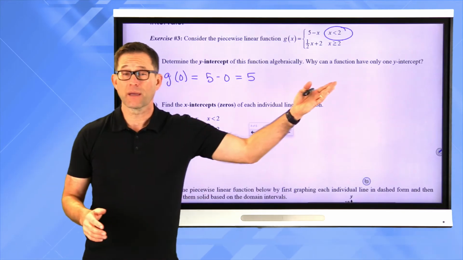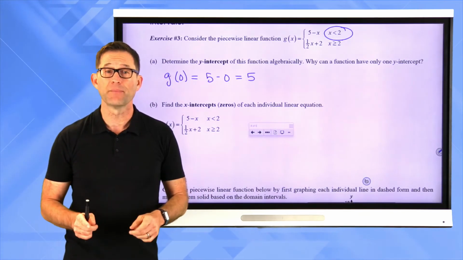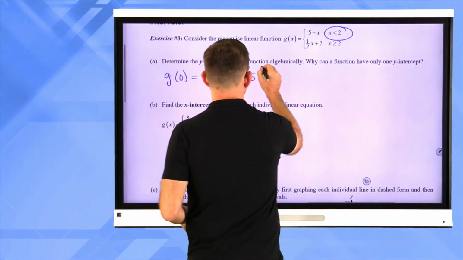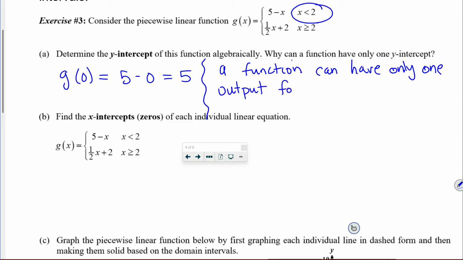Now, second part of this question, why can a function have only one y-intercept? And that's simply because a function can have only one output for any input.